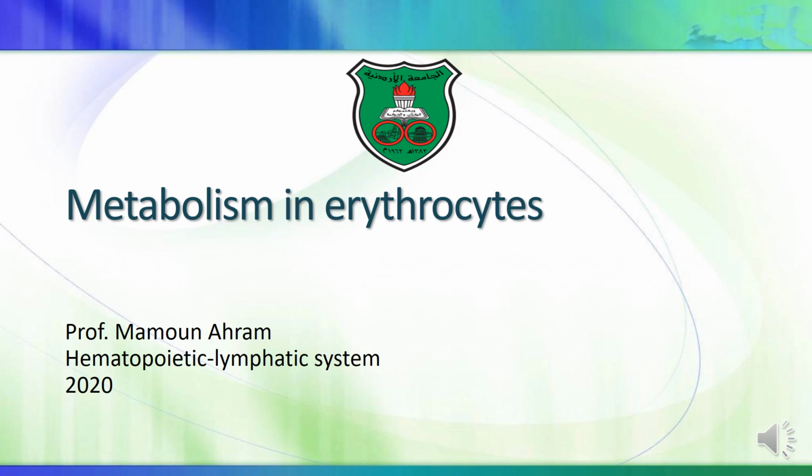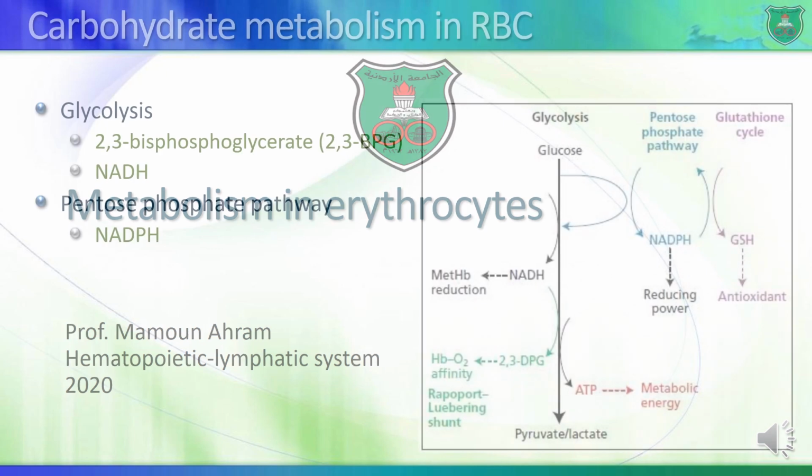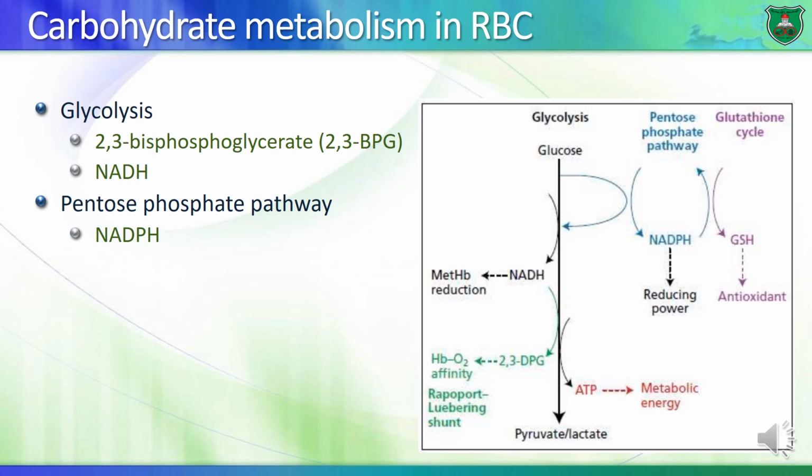So in this lecture we'll talk about metabolism in erythrocytes, the major metabolic pathways and their significance to the cells and to the system as a whole. There are two metabolic pathways that are important in red blood cells. The first is glycolysis and the other is the pentose phosphate pathway.